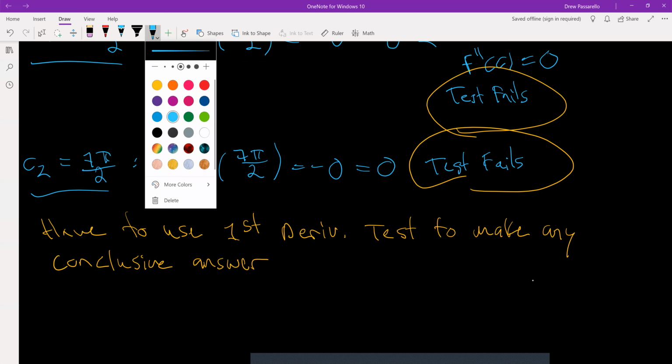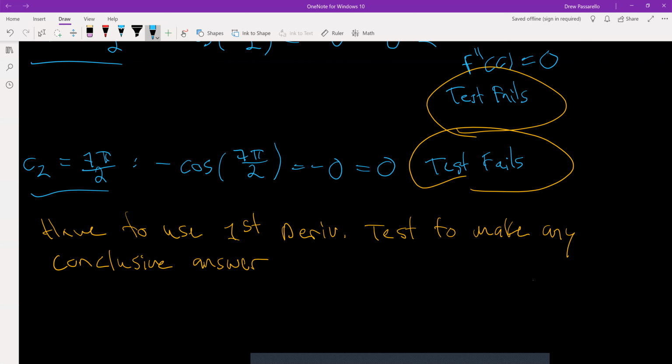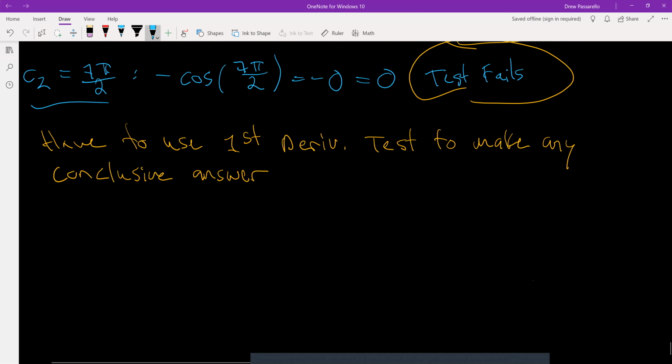All right, so what we can say now is that the test is inconclusive based on the second derivative test. Now we got to backtrack and let's try the first derivative test to see, well, maybe it's still a min or max. We don't know with absolute certainty.